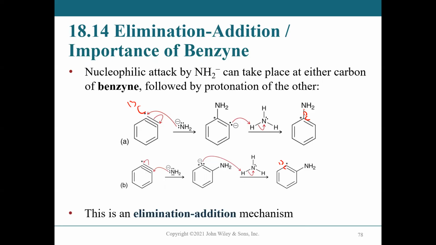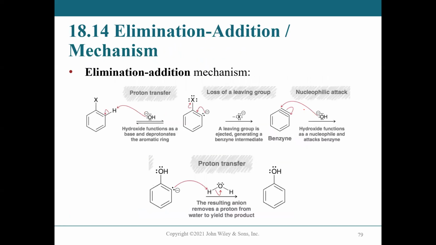The next slide goes into how an elimination addition happens. So first we have a proton transfer. The hydroxide functions as a base and deprotonates the aromatic ring. Then we have the loss of a leaving group. Chlorine would be a good leaving group. The leaving group is ejected, generating a benzyne intermediate.